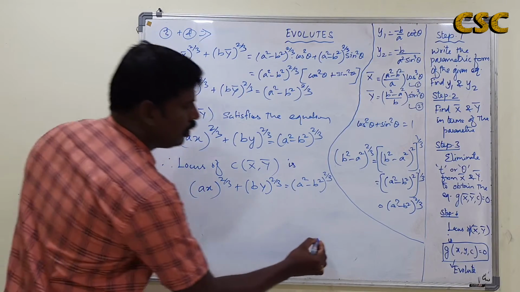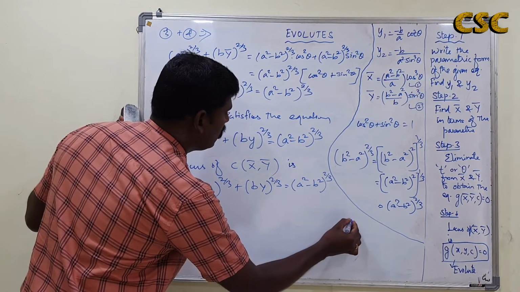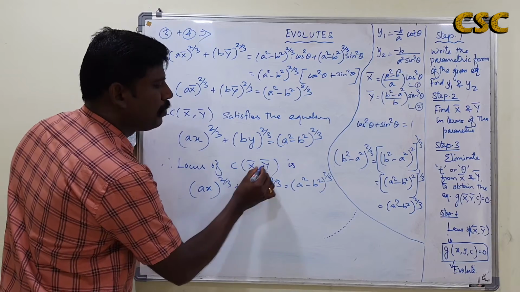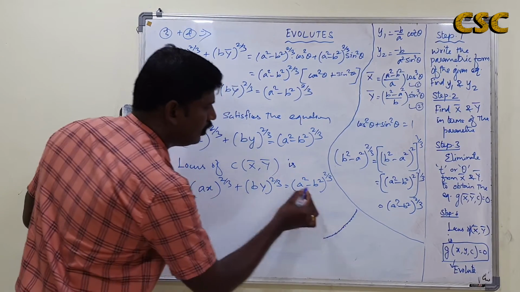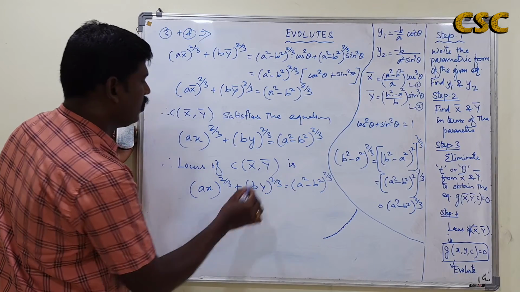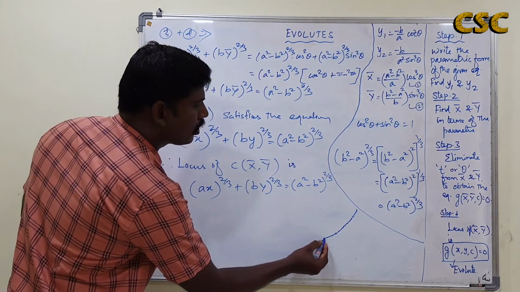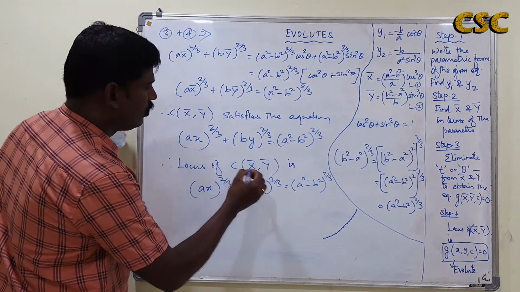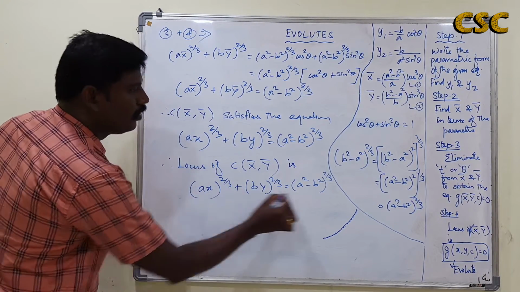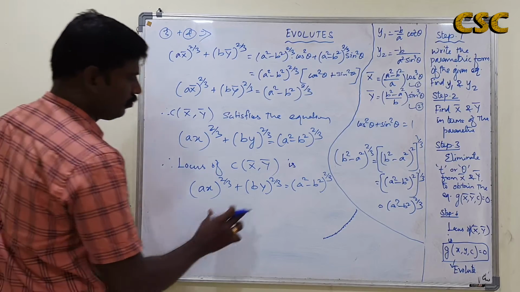All the centers of curvature lie on this curve. So the path traced by the center of curvature is this one, and therefore this is called the locus.